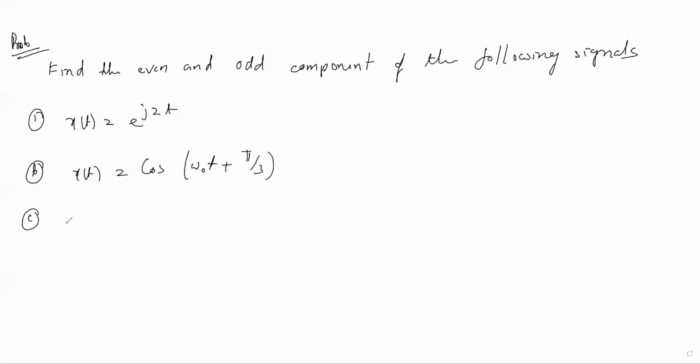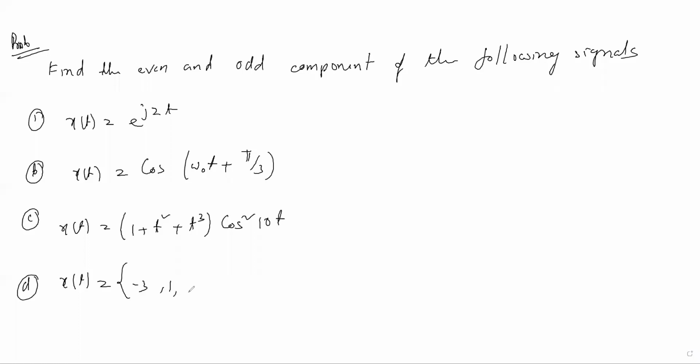Fourth number is x of t equal to 1 plus t square plus t cube cos square t. Then x of t equal to minus 3, 1, 2, minus 4, 2.